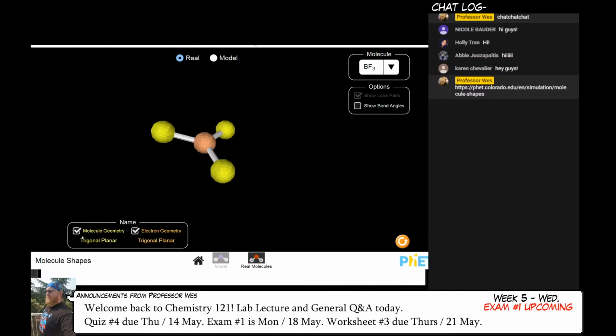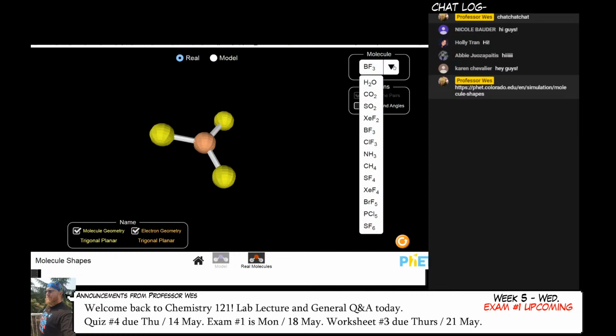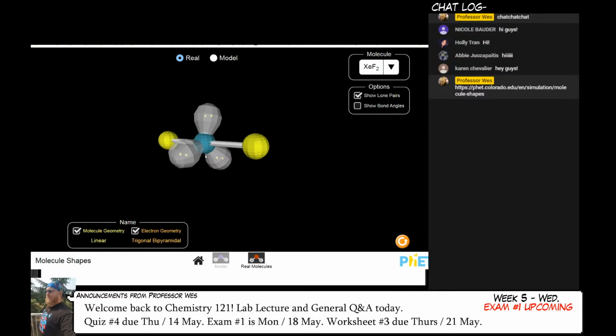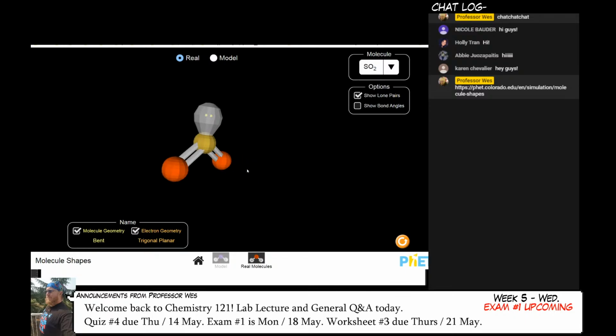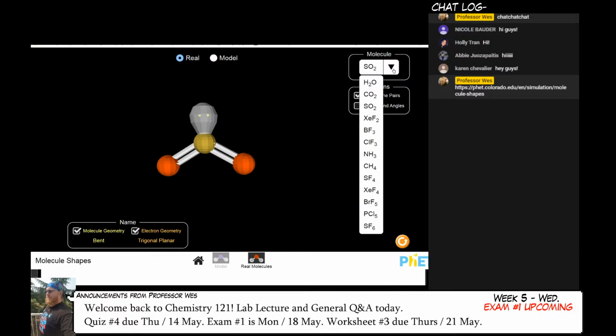For example, BF3 looks like this. If I do XeF2, it has 5 electron groups around it rather than 4. So if you see one that has 5 or 6, you should probably ignore that example. But the other ones are perfectly fine to help you practice drawing a Lewis structure and then figuring out the electron geometry.